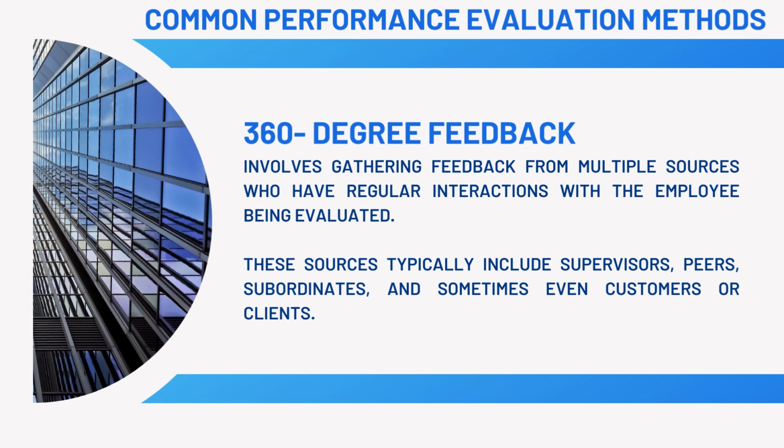The sources could include supervisors, peers, subordinates, and sometimes even customers or clients. Remember that the goal of 360-degree feedback is to provide a comprehensive and well-rounded assessment of employees' performance and behavior. And also, to reduce the biases involved in a single method, it is good that we have what we call multiple ratings.